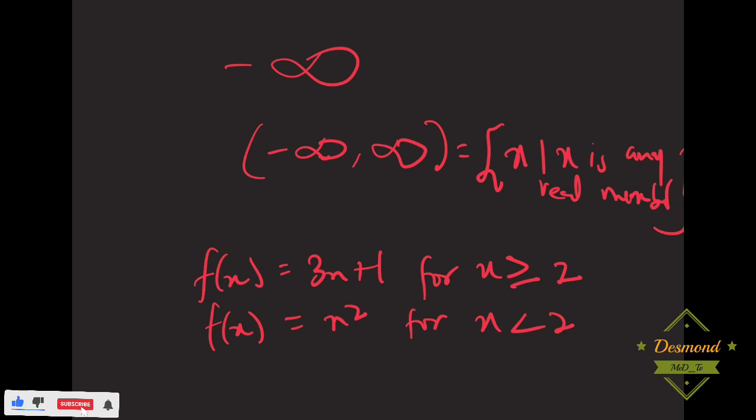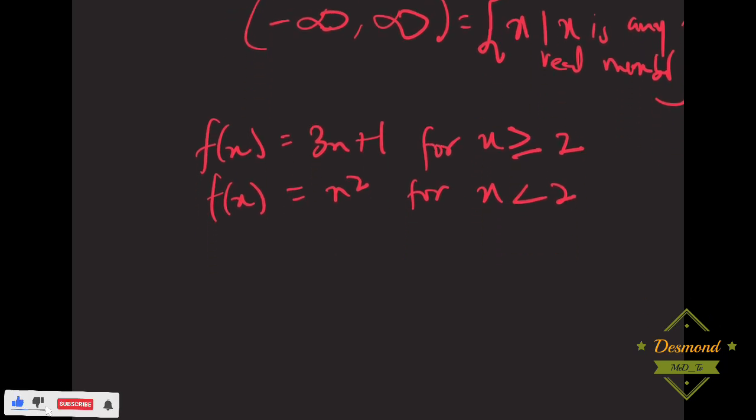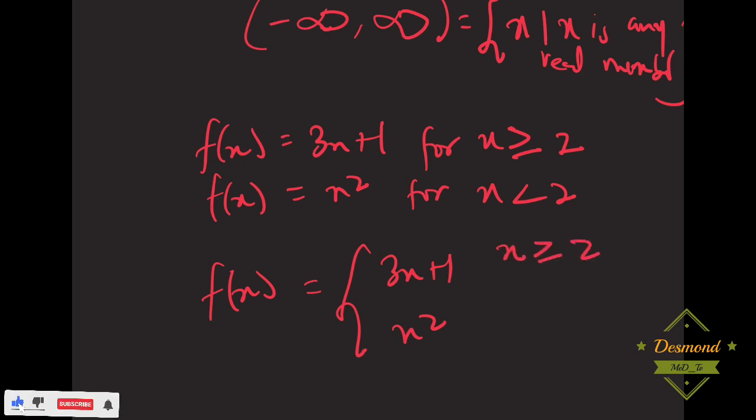We can denote this function by writing f(x) equal to, with a big curly bracket, 3x plus 1 where x is greater than or equal to 2, and x squared where x is less than 2.